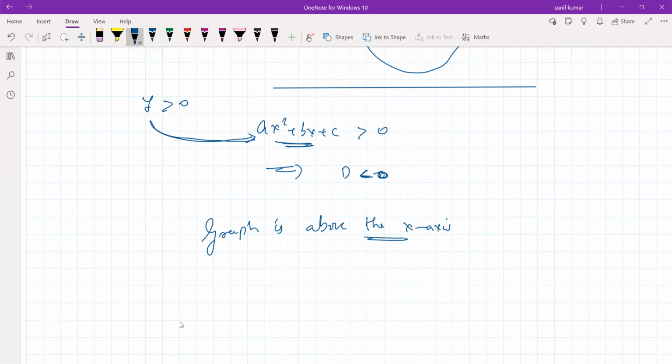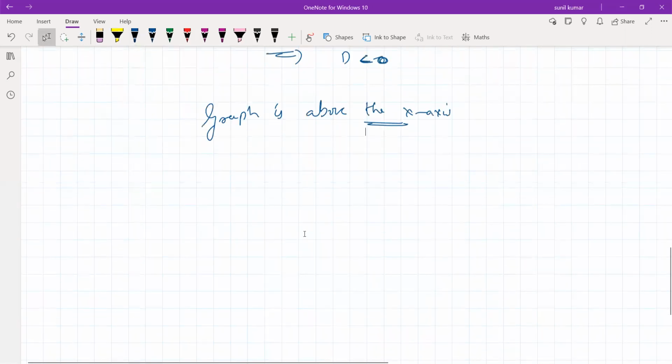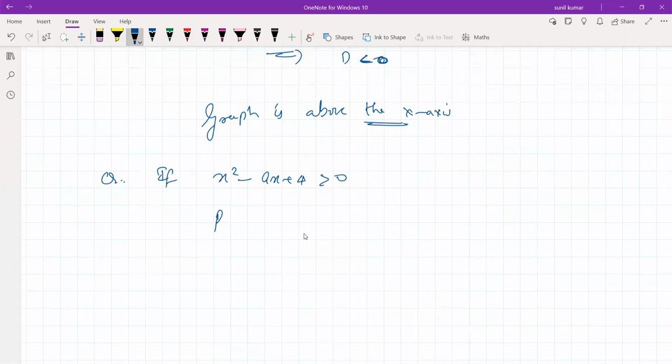So let me give one example. If the expression is positive, you have to use that concept. If x square minus ax plus 4 greater than 0, what is the range of a? Please try this problem.